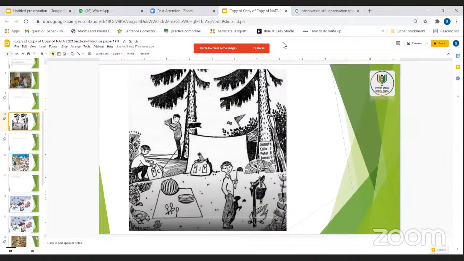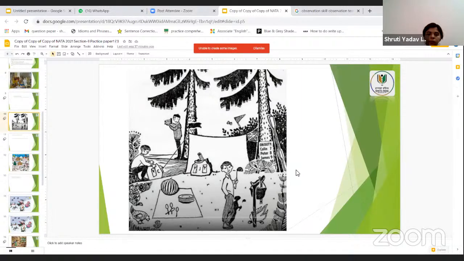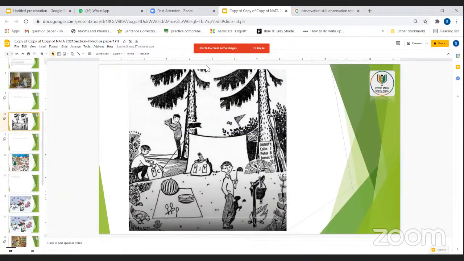Or can you tell the time of the day by observing the shadow? Sometimes there are questions like that. It's noon, yes, that is definite.